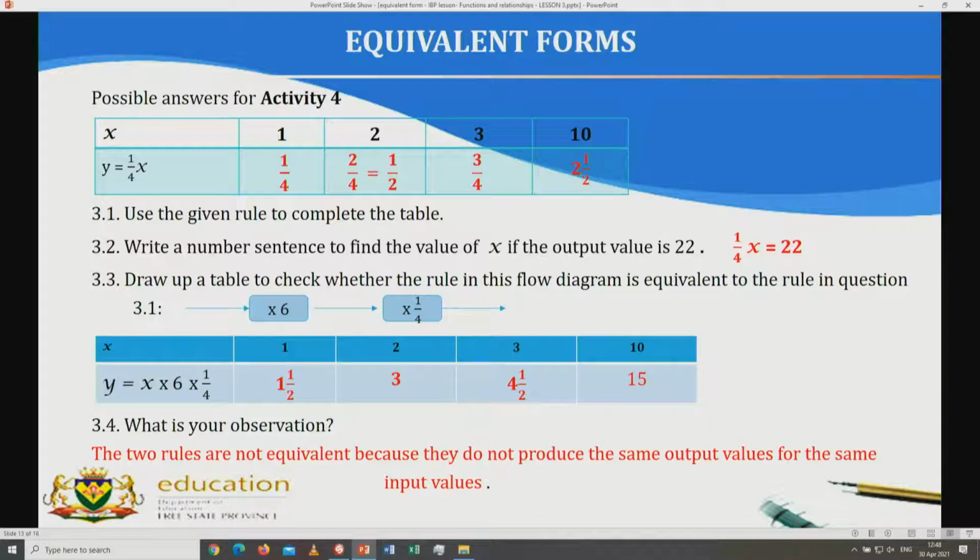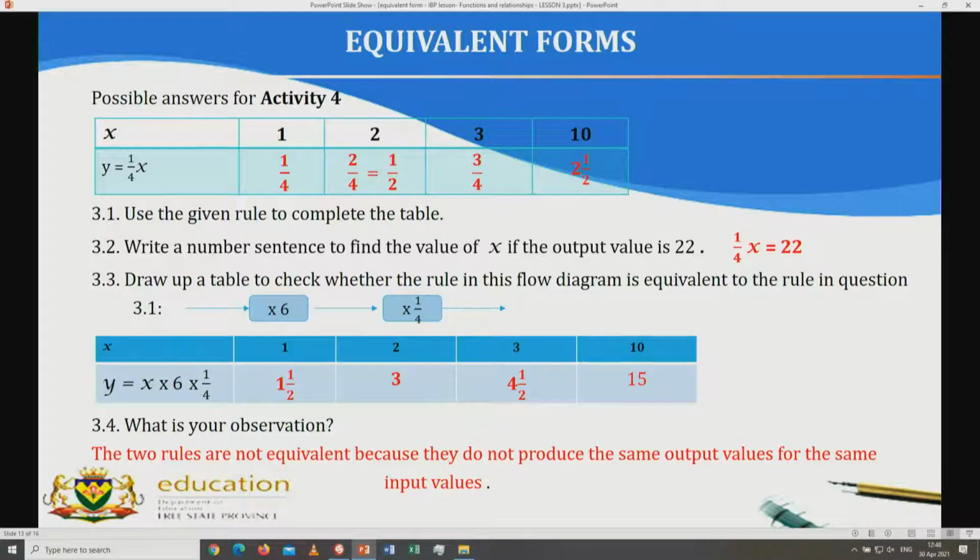That is the observation. Remember, previously we said that if the rules are equivalent, those rules must produce the same output values for the same input values.